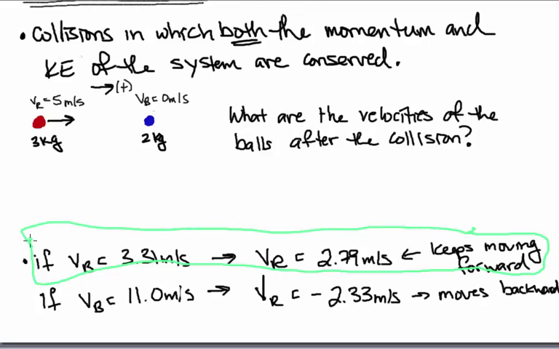The final answer to the problem would be that the blue ball will move away at 3.31 meters per second. The red ball will continue moving forward at a slower velocity. And these numbers satisfy both the conservation of momentum and the conservation of kinetic energy, which is what we have to have in an elastic collision.